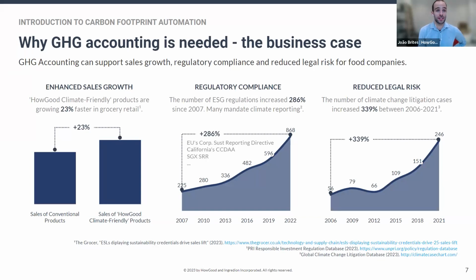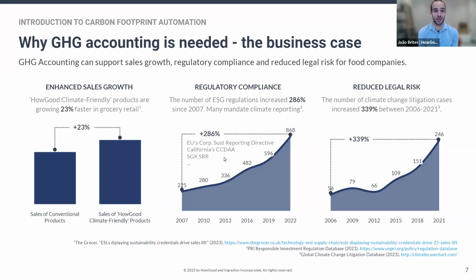The first one is enhanced sales growth. Here at HowGood, we're seeing that products that are climate friendly and communicate their climate friendly claims to shoppers are growing 23 times faster. We're also seeing regulatory compliance. More and more regulations, like the European Union's Corporate Sustainability Reporting Directive, are mandating greenhouse gas emissions accounting for corporates, so this is becoming table stakes.